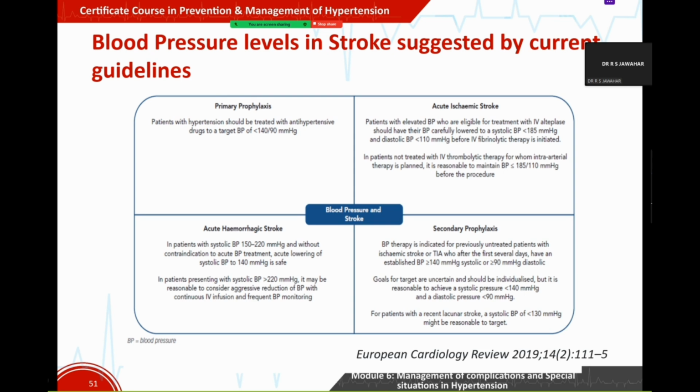In patients presenting with a systolic BP more than 220, it may be reasonable to consider aggressive reduction of the BP with continuous IV infusion and frequent monitoring, and again reach the systolic BP of 140. So that is acute hemorrhagic stroke.